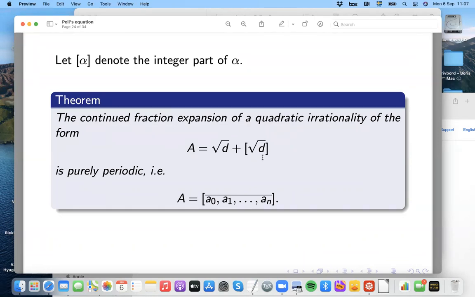Now the claim is that its continued fraction expansion would be purely periodic.